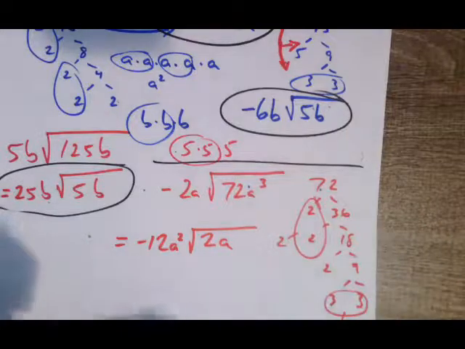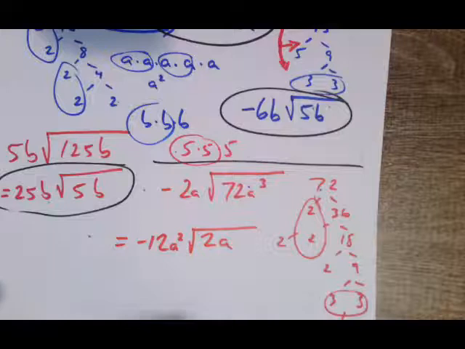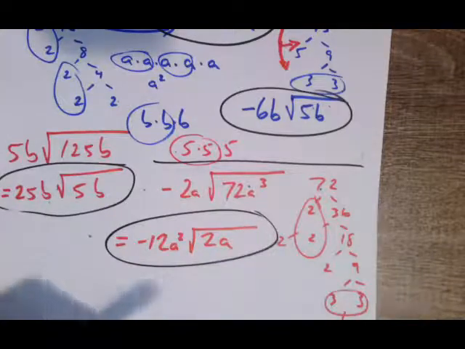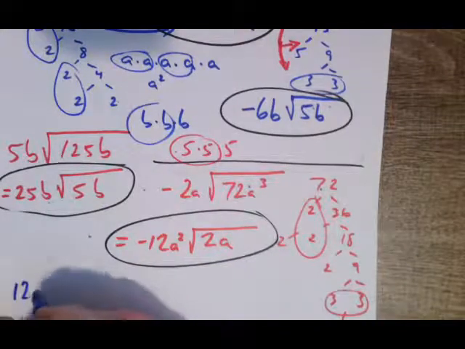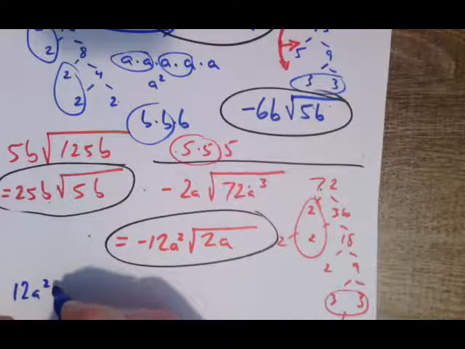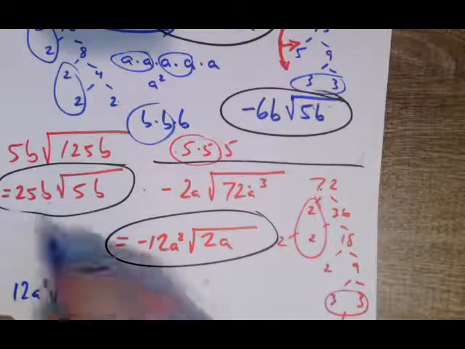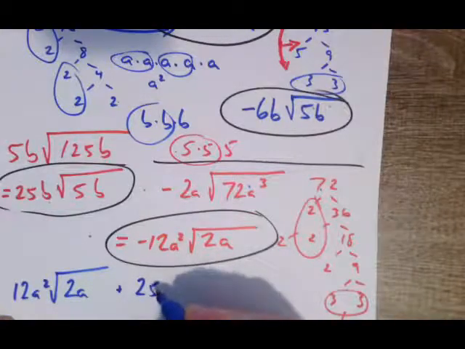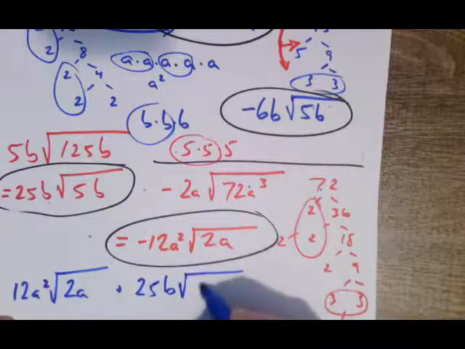So now, to summarize, let's add them all up. I'll circle this one too, just so it doesn't feel left out. So we have 12a squared root 2a plus 25b root 5b.